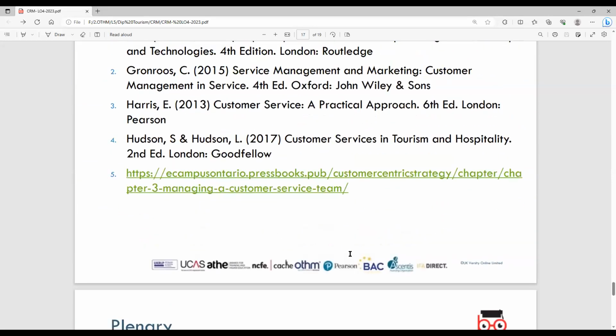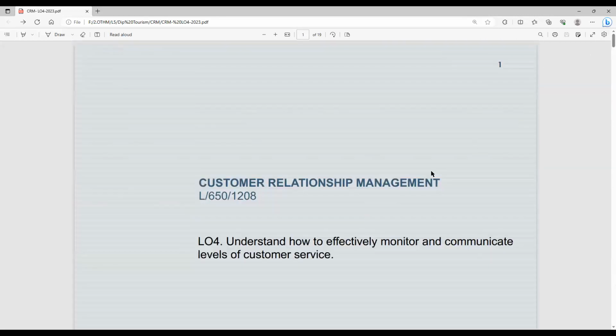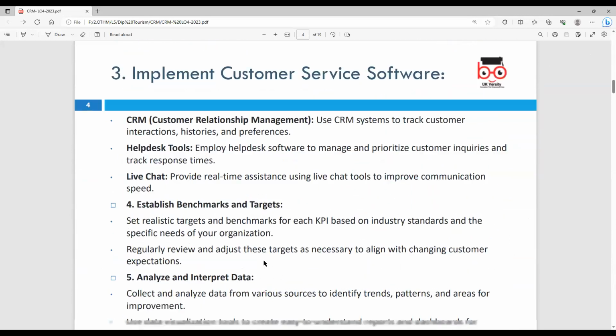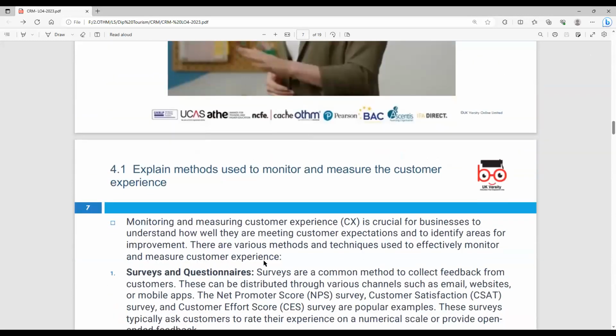Okay, so this is a very quick glance through customer relationship management on LO4. Understand how to effectively monitor and communicate the level of customer service. This is pretty straightforward. There are only two learning assessment criteria, 4.1 and 4.2.